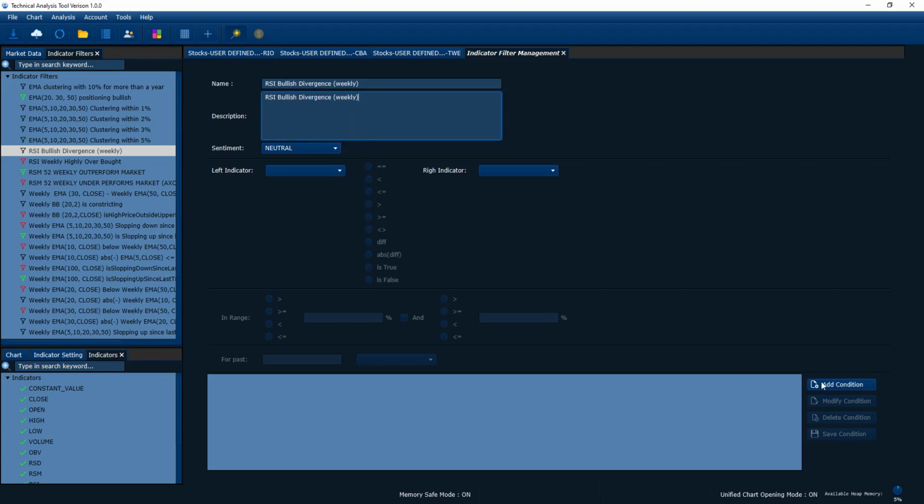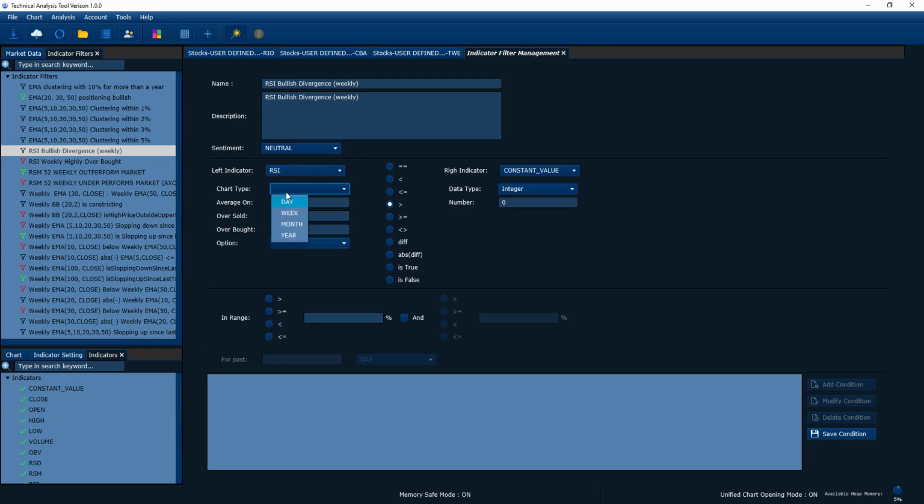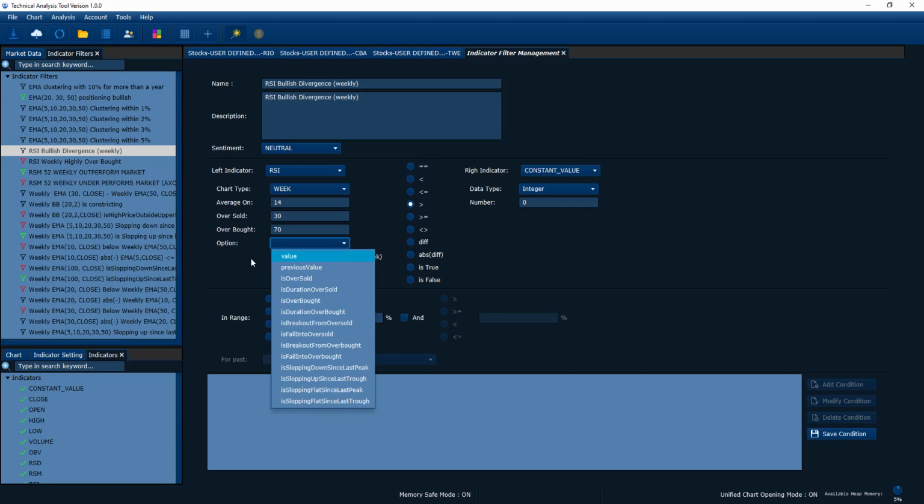You can add a condition. Select the RSI, and specify that I want to scan a weekly chart. I don't want to change any of the average and parameter settings for this particular indicator when doing the scan.